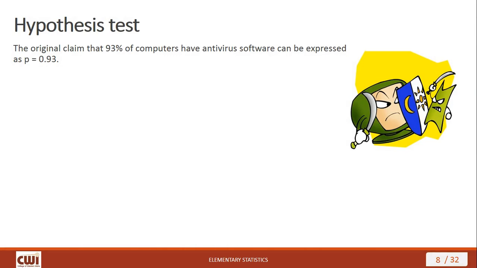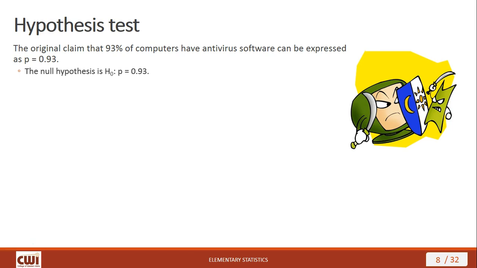So, the original claim that 93% of computers have antivirus software can be expressed in symbolic form as p equals 0.93. So there's our claim in symbolic form. Now we write out our null hypothesis. Remember, equality always goes with the null hypothesis by definition.